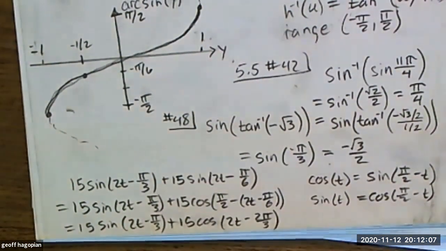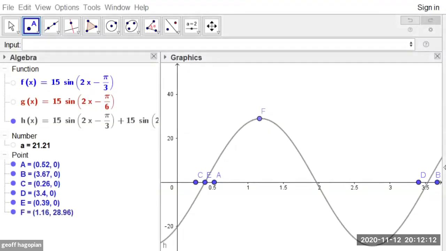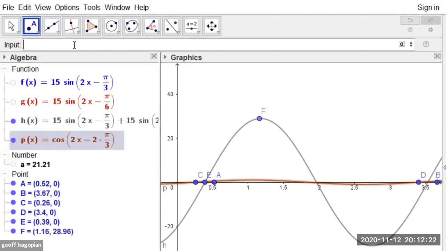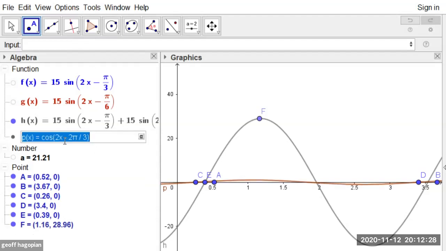Should we check that? Oh, we're out of time, aren't we? Yeah. We could check that in GeoGebra by plotting cosine of 2x minus 2 pi over 3 and seeing, oh, we want 15 times that, right, to be the same as what we had. 15 times that.